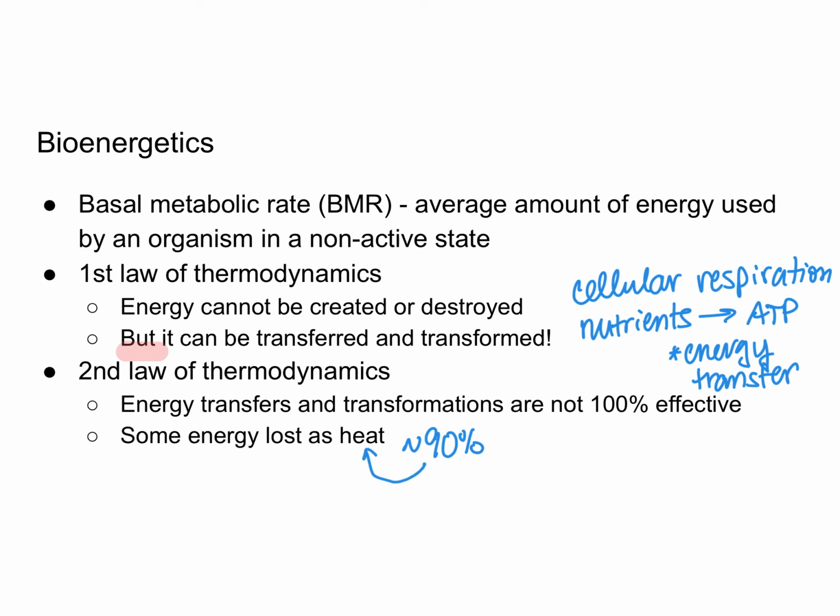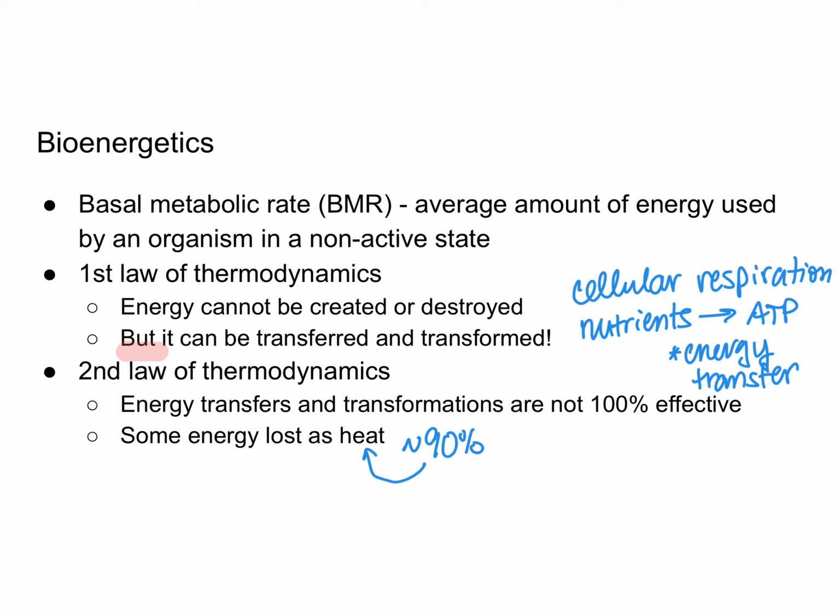So you can think about this concept when you put fuel or gas in your car. The gas has stored energy. It's got potential energy stored in its chemical bonds. And then the engine in your car is able to take the stored energy in the gas and convert it into the mechanical energy of moving the wheels of your car so that it drives.